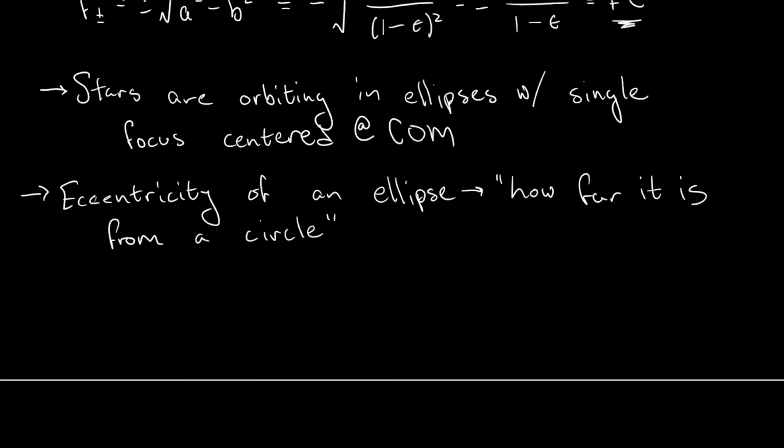So, for example, an ellipse which looks kind of like that is going to have a relatively low eccentricity versus something which looks more like that. That will have a much higher eccentricity.